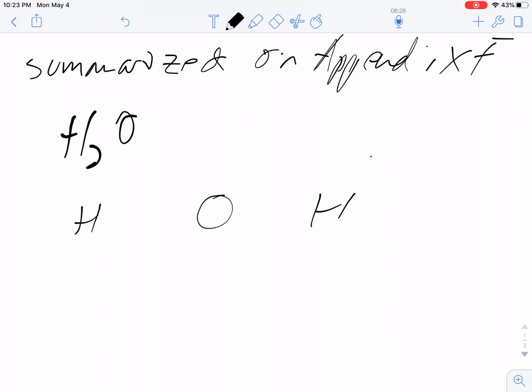Hydrogen goes here, hydrogen goes there on either side of it. Hydrogen is in group 1A, so it has 1 electron. In molecules, you can put the electrons anywhere. Oxygen is in group 6A, so it has 6 electrons.